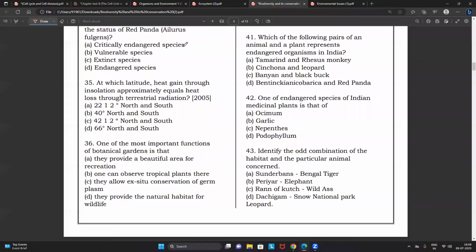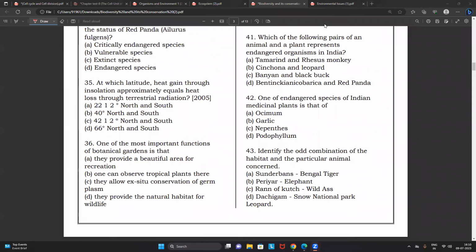Take your time, think correctly and answer. It's actually a fixed question. Heat gain equals heat loss, they are saying, which means it should be constant, right?